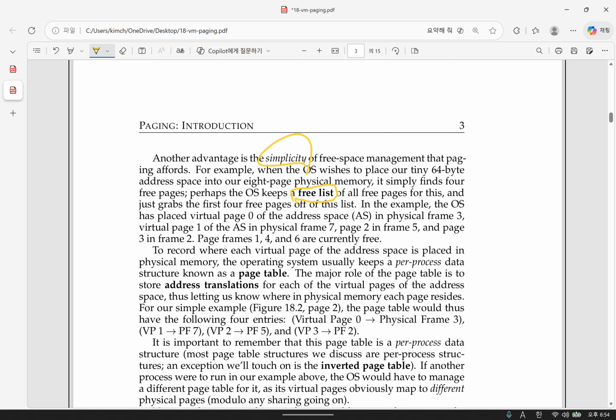And then it just grabs the free pages off from this list.